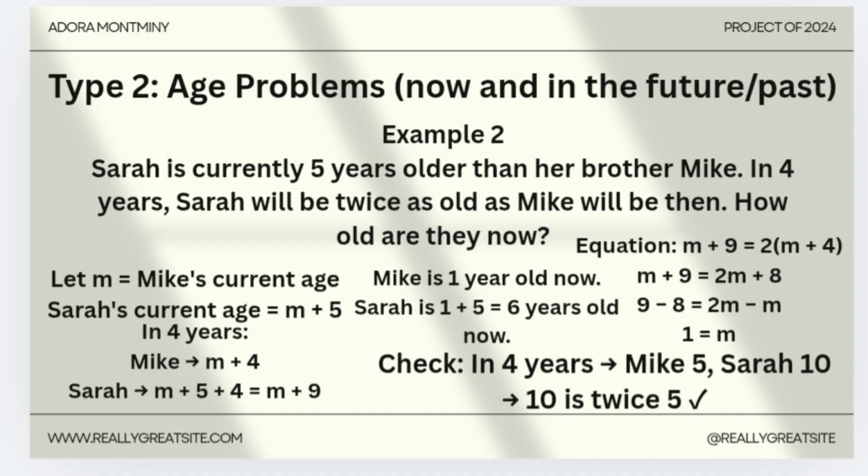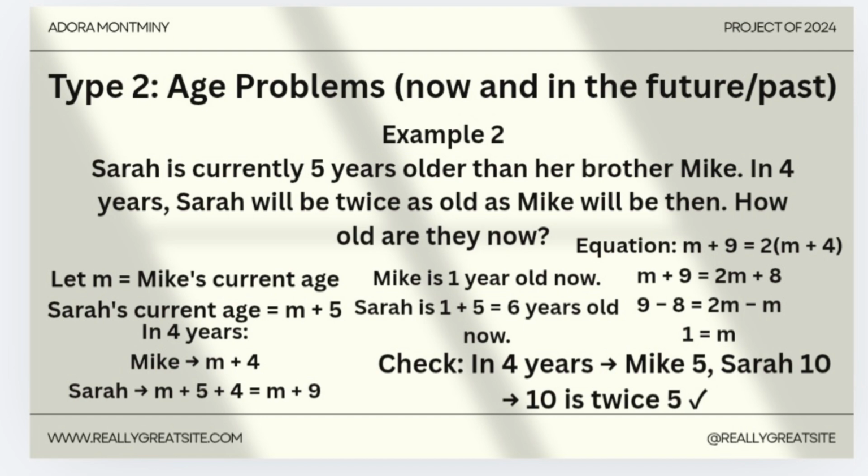In 4 years, Mike is M + 4, Sarah is M + 5 + 4 = M + 9. Equation: M + 9 = 2(M + 4). So M + 9 = 2M + 8.